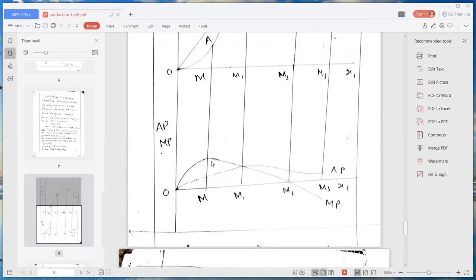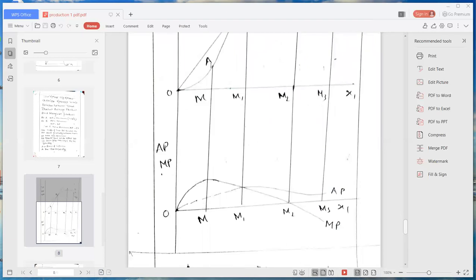It can be explained from this figure. Here, at the production level OM, the total product increases at a constant rate. The marginal product is maximum at the production level OM at this point. At production levels less than OM, that is the points to the left of the point A, the marginal product is increasing because total product is increasing at an increasing rate.